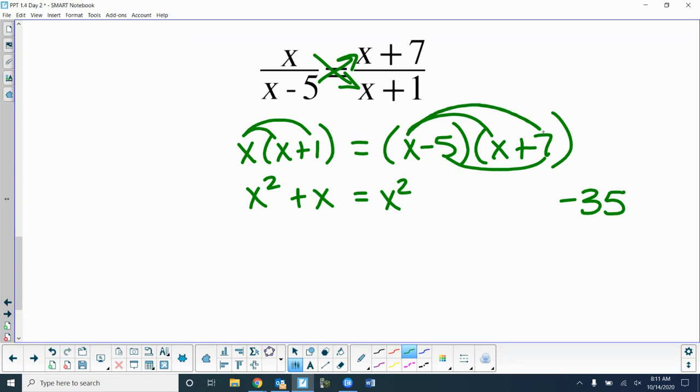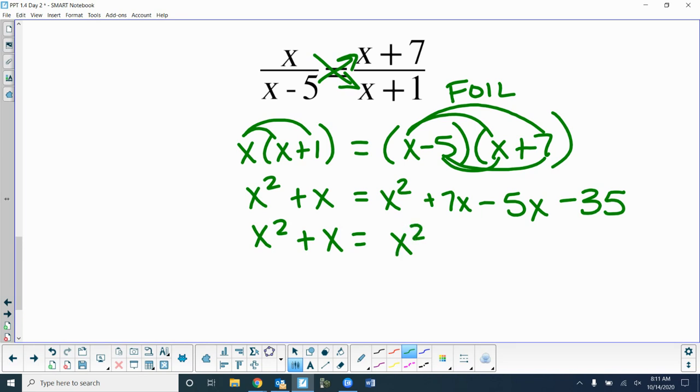Remember, we got to do what do we call this? Oh, yeah, FOIL. We got to FOIL this. So what's that? Those two, then 7x and then these two, minus 5. So we have to FOIL that. Okay. So then, if I simplify over here, the left side doesn't change, but the right side I can make these two into 2x.